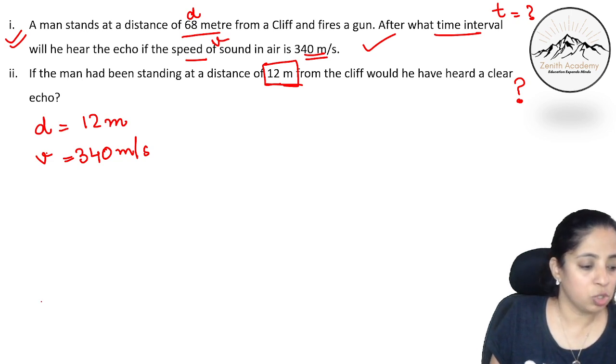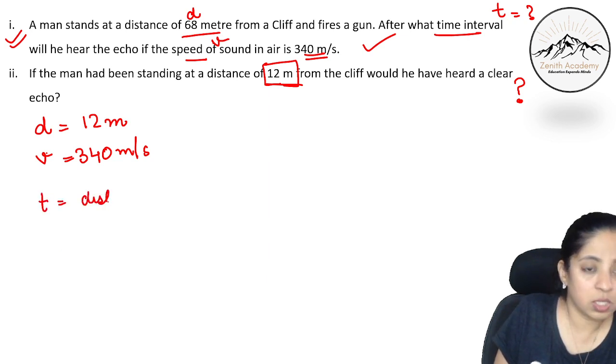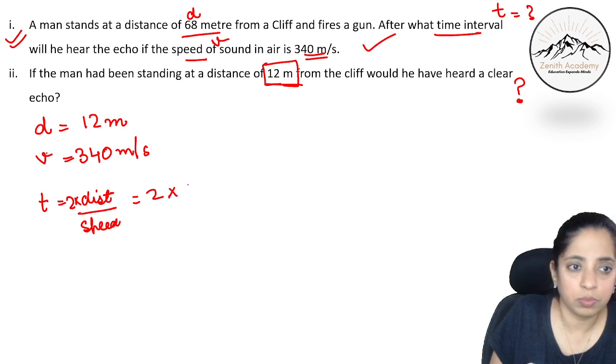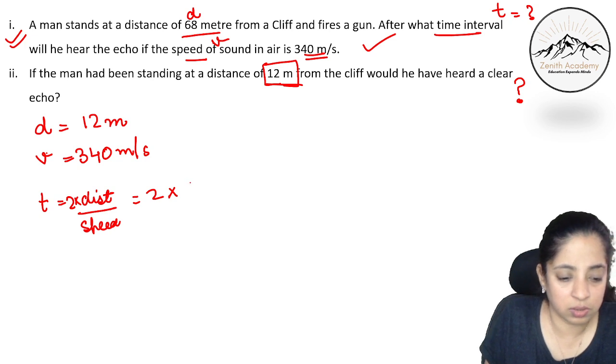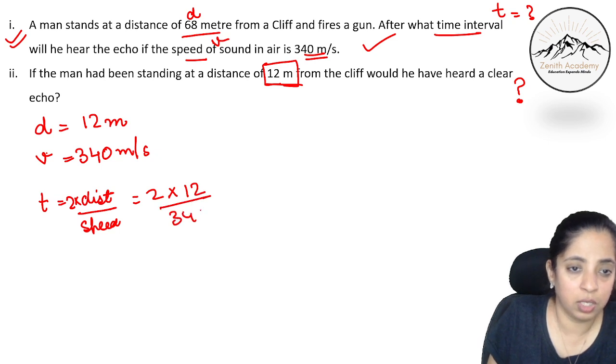Okay, so time will be total distance by speed. So 2 into what's the distance? 12, yes, upon 340.